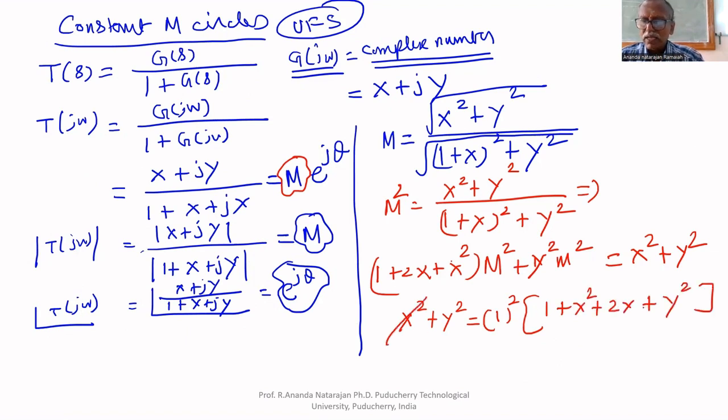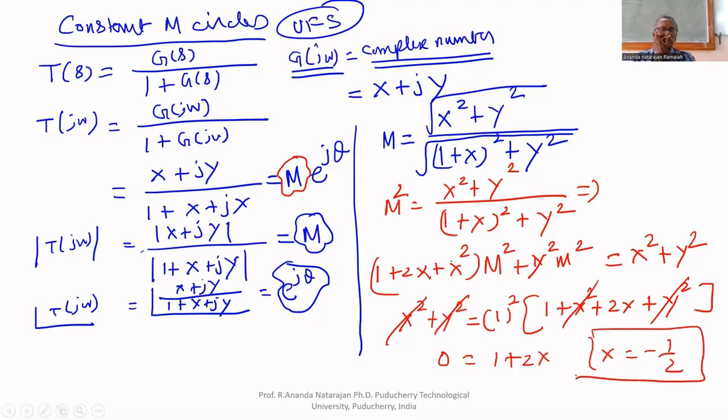Therefore, x square gets cancelled, y square also gets cancelled. The remaining thing is 0 equal to 1 plus 2x, or x equal to minus 1 by 2. It is the equation of a straight line. So when m equal to 1, it is a straight line. Otherwise, it is a circle.